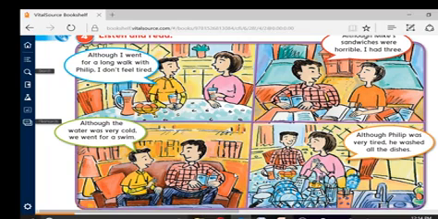In each picture, they do different activities. So look at the first picture, for example. They are drinking orange juice. In the second picture, they're writing and reading, and here they're talking, and again here they're talking.